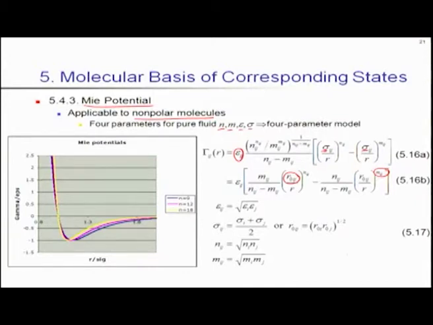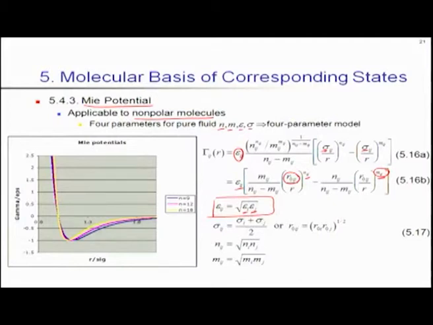Usually n and m are considered not the same. Now, usually this can vary depending on the molecular complexity, but let me first explain what epsilon ij is. Epsilon ij is basically considered to be the geometric mean of epsilon i and epsilon j, which are the corresponding well depths of molecule i and molecule j.